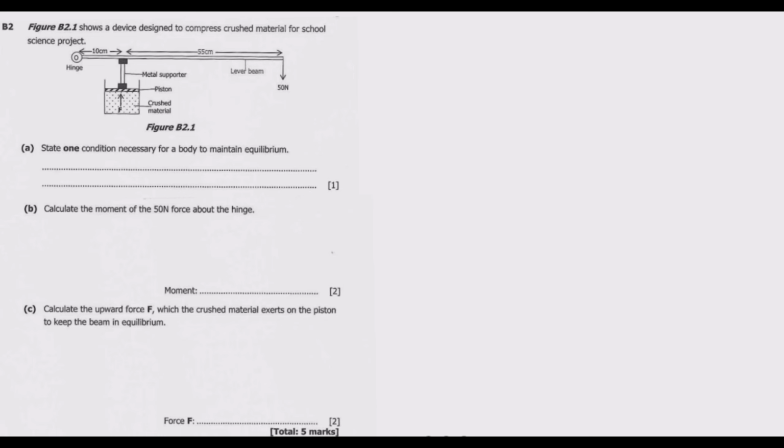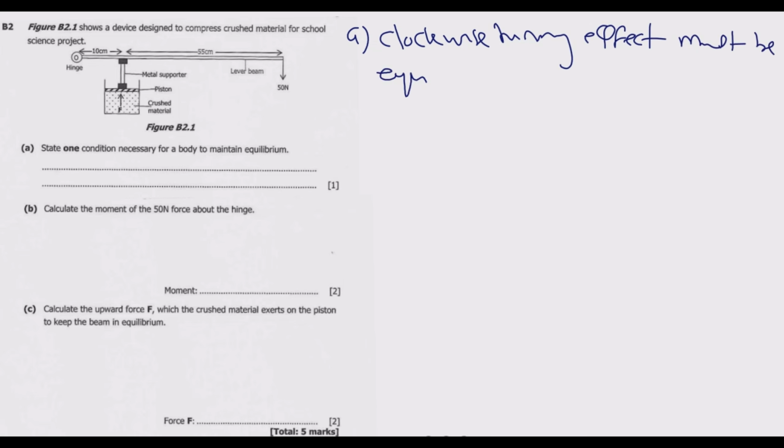So for the body to maintain equilibrium, the condition that needs to be met is that the clockwise turning effect must be equal to the anti-clockwise turning effect.